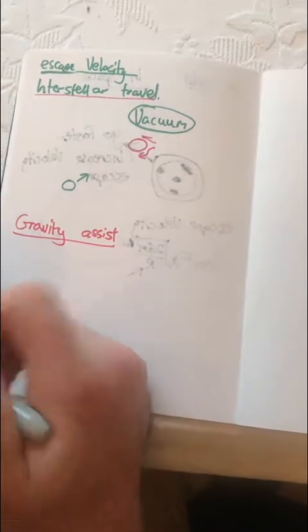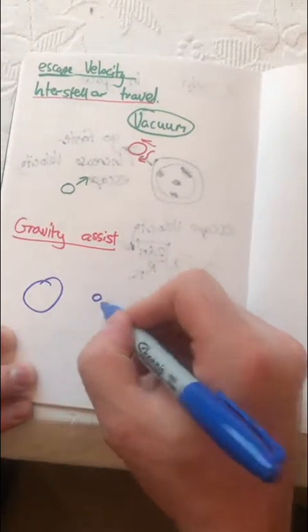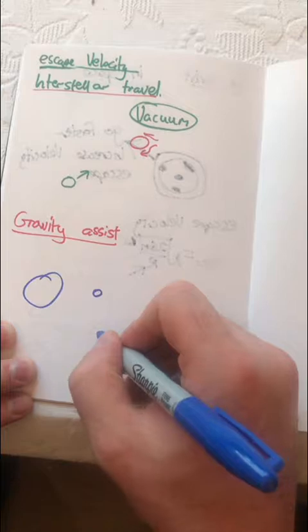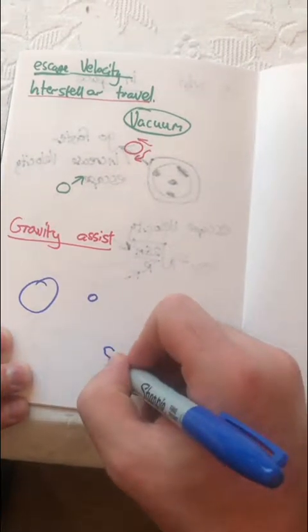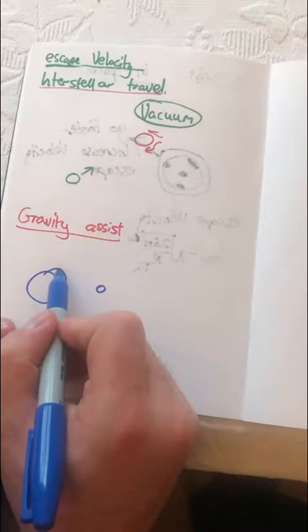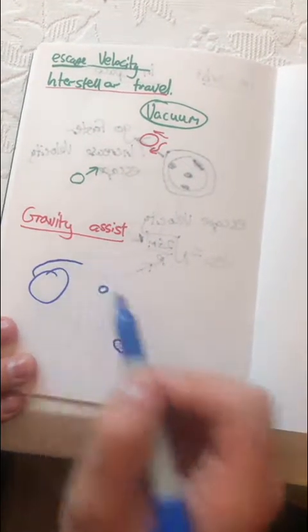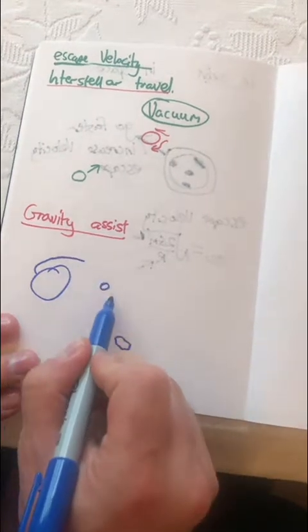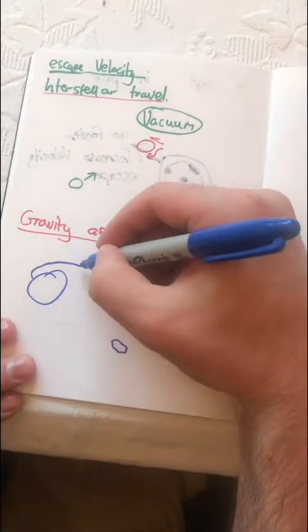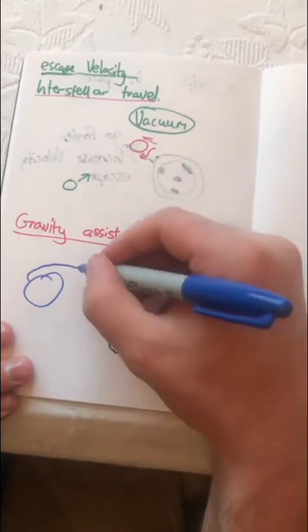Okay, now this is possibly the coolest thing I have ever seen. I don't know if you've ever seen Armageddon, where you've got the Earth and you've got the Moon, and then you've got this asteroid that is coming to destroy the Earth. What they do is they take off the Earth and they fly up and they go into orbit, they escape the velocity of the Earth, and then they slingshot around the Moon, okay, and they use the gravity of the Moon to speed up and shoot them in the right direction.